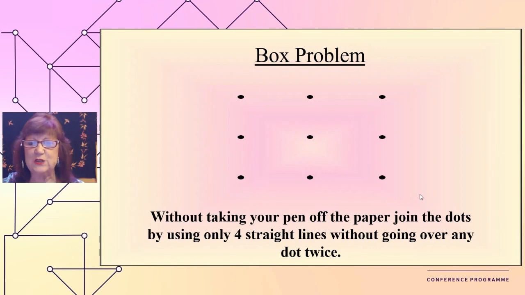And I would like you to get your creative juices going, and I would like you to, without taking your pen off the paper, join the dots by using only 4 straight lines without going over any dot twice. So you can only use 4 straight lines and you can't put your pen on the paper and take it off the paper and join again. You have to keep your pen on the paper.